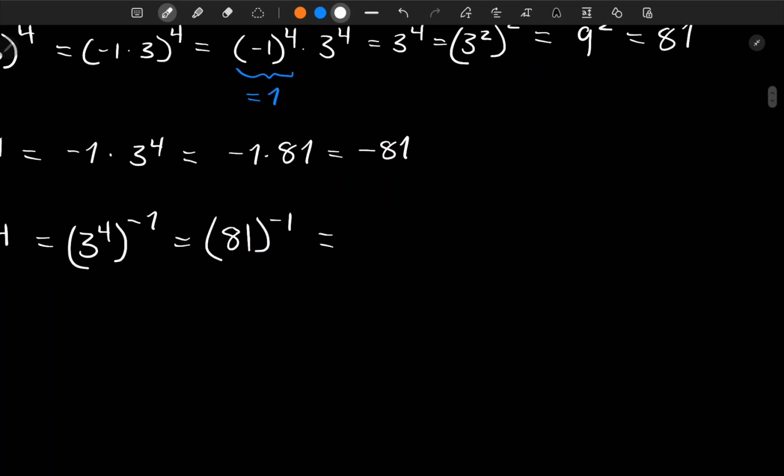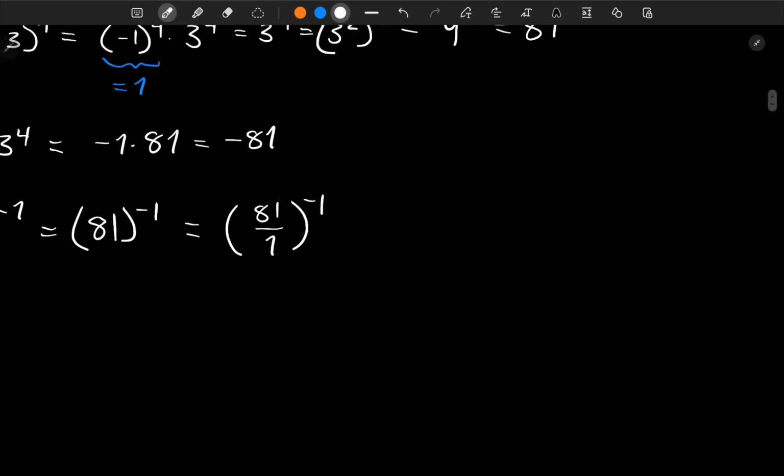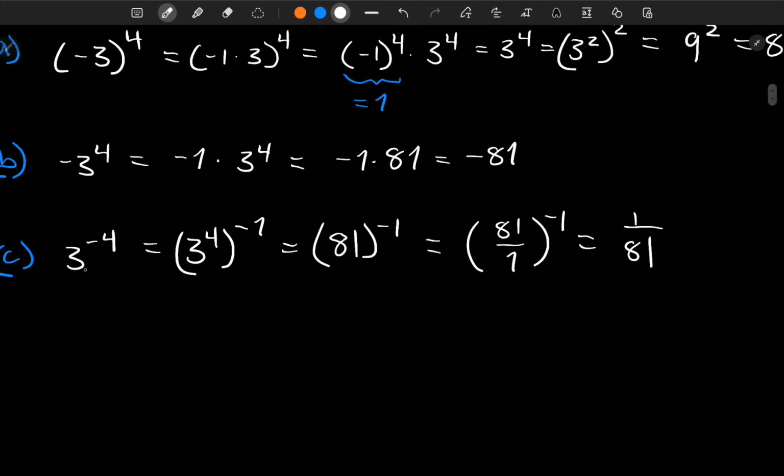But the negative first power just turns a number into its reciprocal. So we know that 81 is the same as 81 over 1, or 81 divided by 1. And the reciprocal, which is what negative 1 gives you, would be equal to 1 over 81. So 3^(-4) is equal to 1/81.